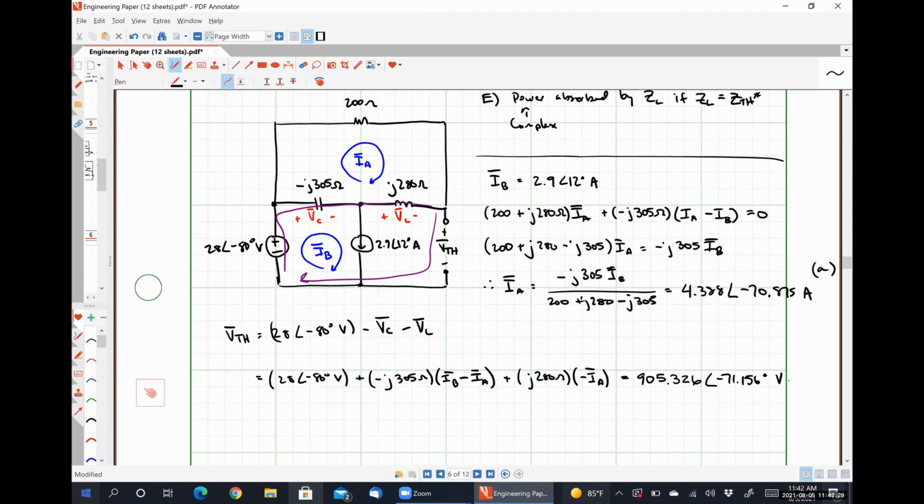And so if we're getting the exact same results, Dr. Hartman, were you not meant to subtract VC and VL instead of add them in, or did that take care of itself based on the signs of IA and the negative J?